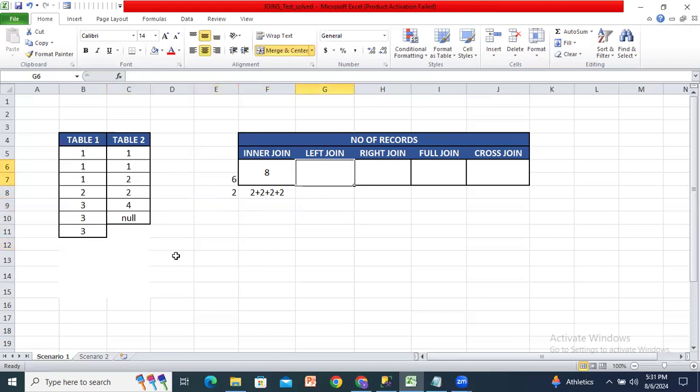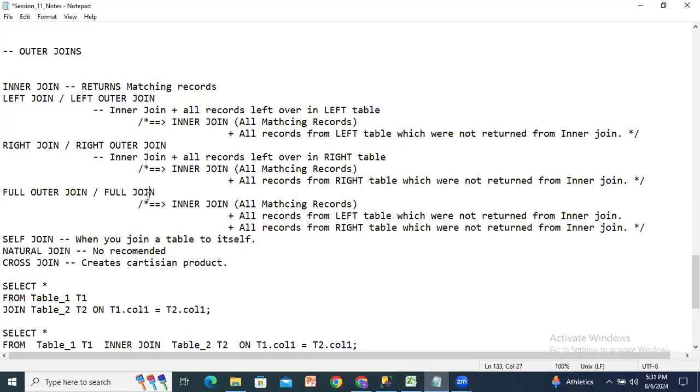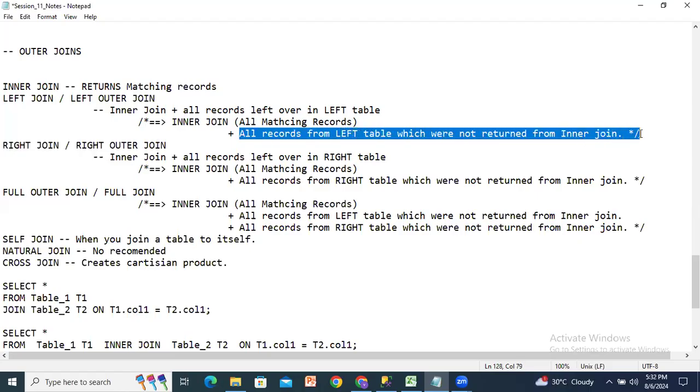Similarly, left join. What is the left join? First check the definition. Left join, or left outer join, is the inner join plus all records left over in the left table. Or else: the inner join's matching records plus all records from the left table which were not returned from the inner join.